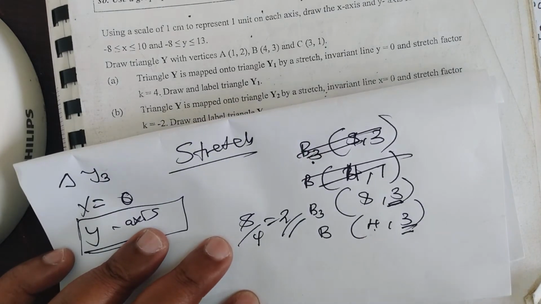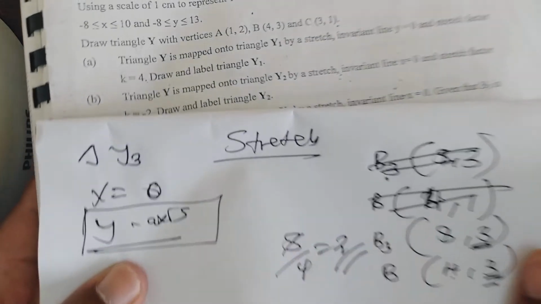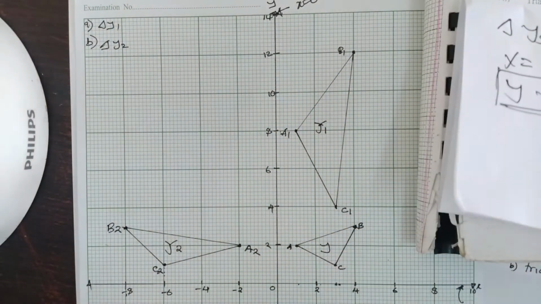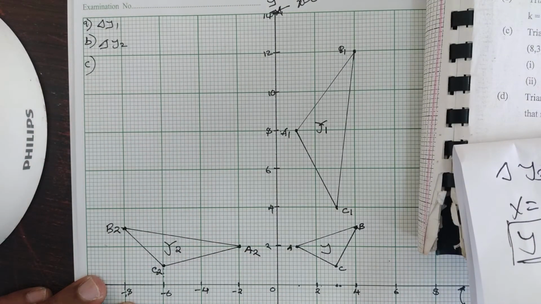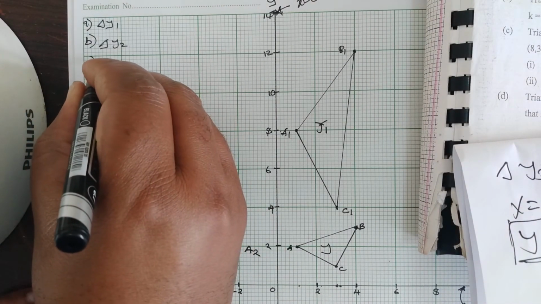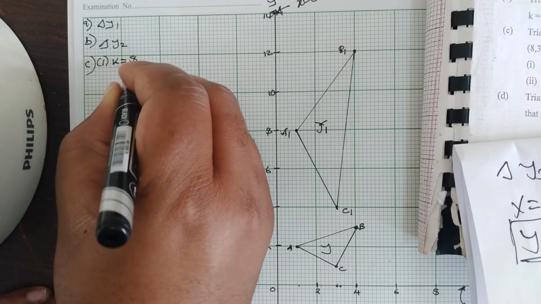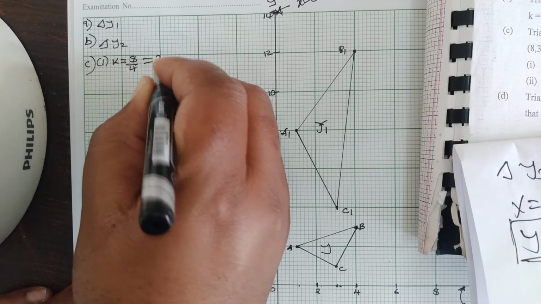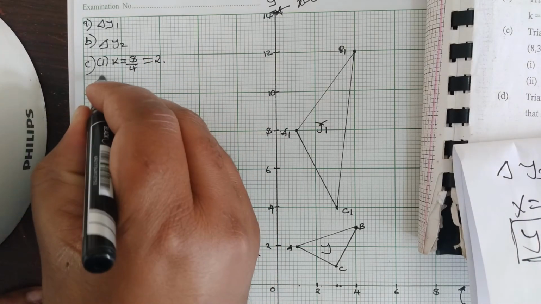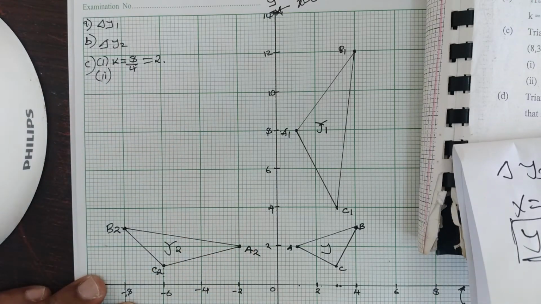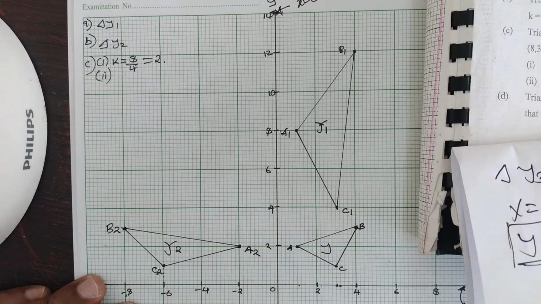It is positive. So our stretch factor there is 2. So for C Roman numeral 1, our k is equal to 8 divided by 4, and the answer is 2. It's very simple arithmetic. So the next one is, let's get the coordinates of what?